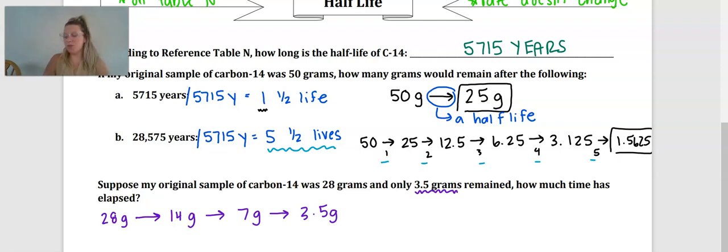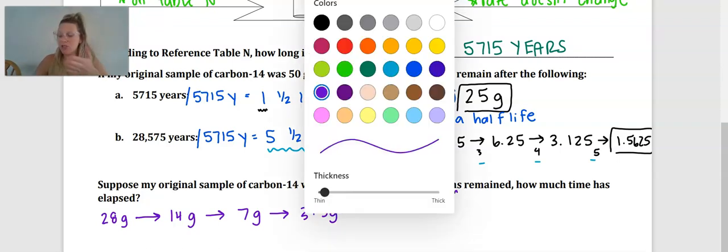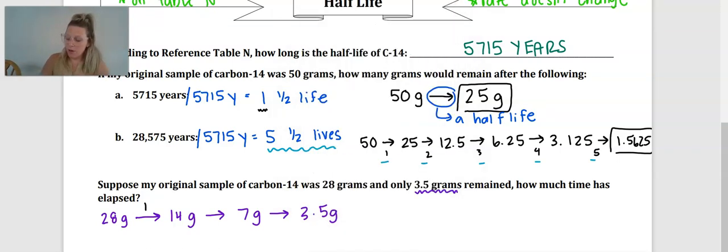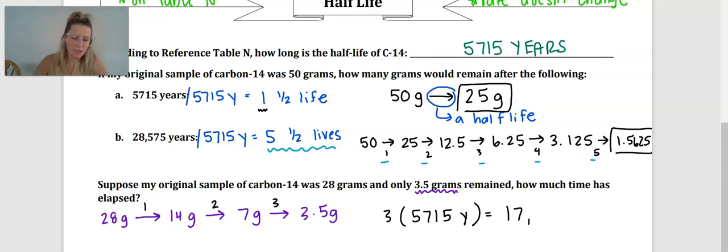When will I have 3.5 grams? How much time has elapsed? Well, we've undergone 3 half-lives. Each half-life is 5,715 years, and therefore 17,145 years have elapsed.